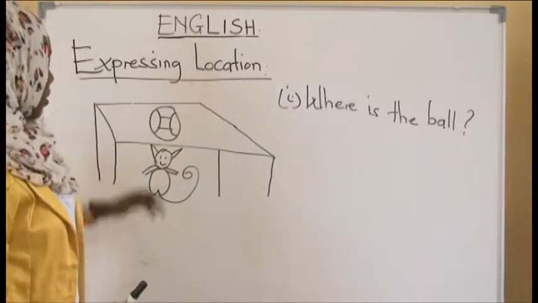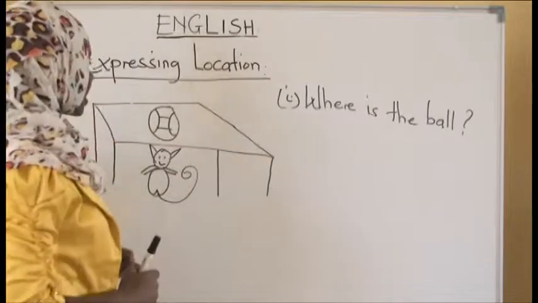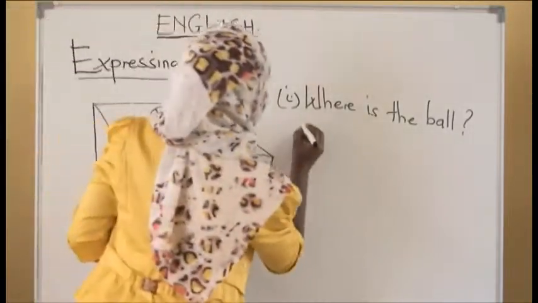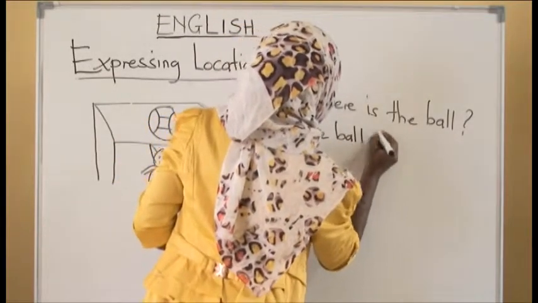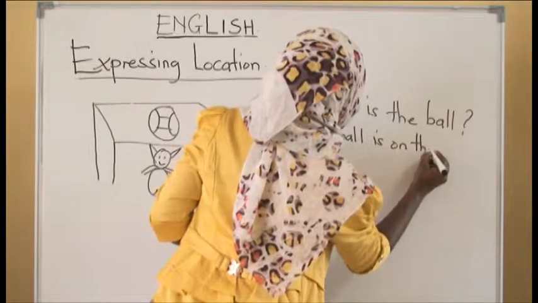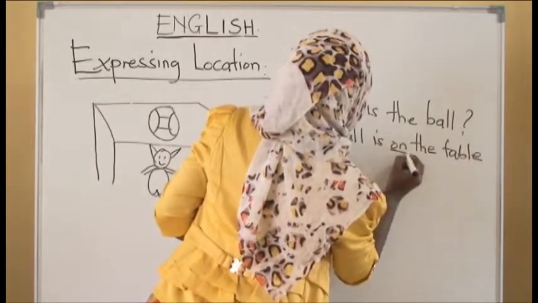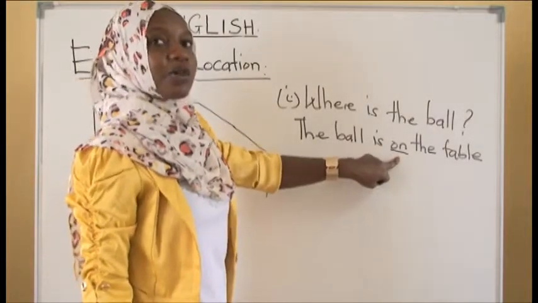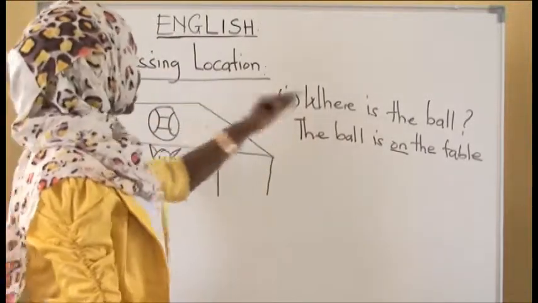Because it is on top of the table, we are going to say the ball is on the table. So this on here is one of the prepositions that shows location. It shows where the ball is. It is on the table.